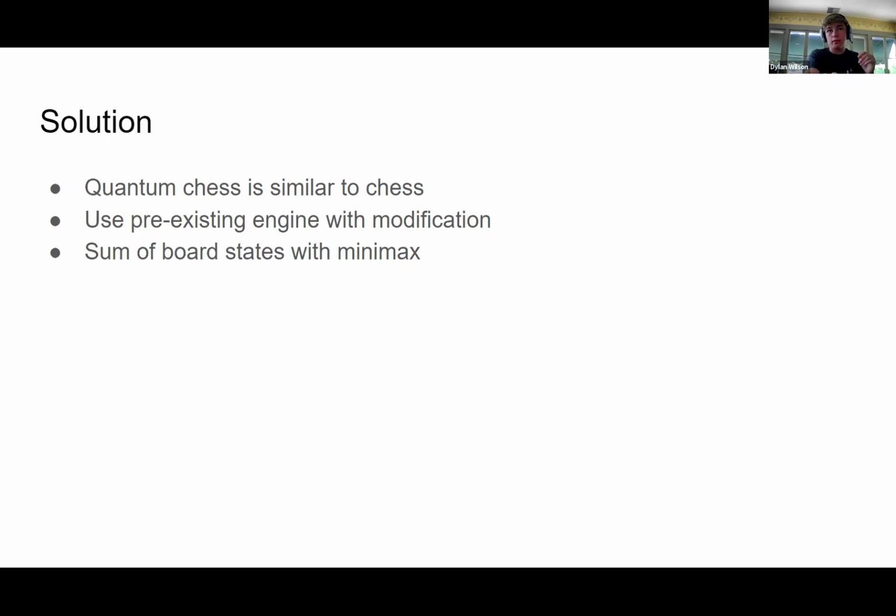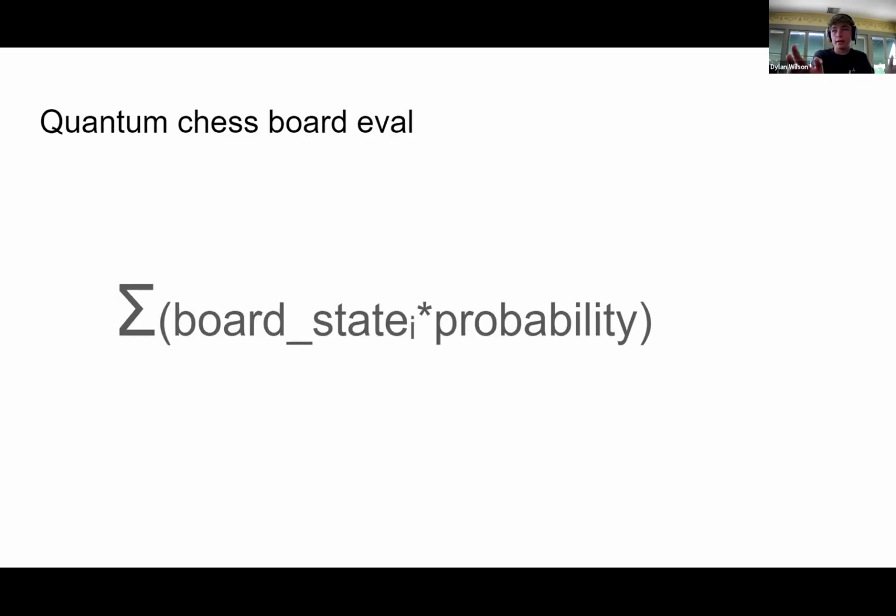So the first thing we did was take the board states in order to evaluate them. As Robert talked about, he showed you some of the samples and how we can sample the different states, right? And we can get a probability for each state. So we can have one board that has a 50% probability, another board that has 25% probability. So what we do to evaluate the board with Stockfish is we take each board, right?